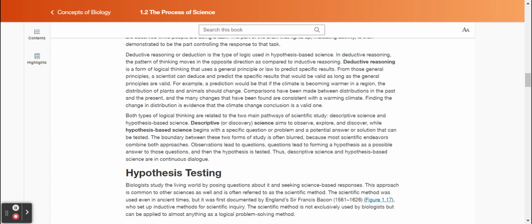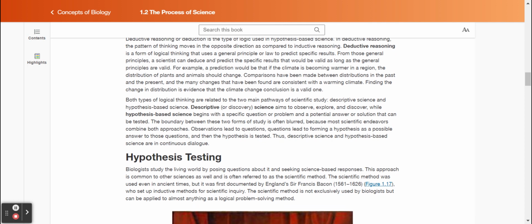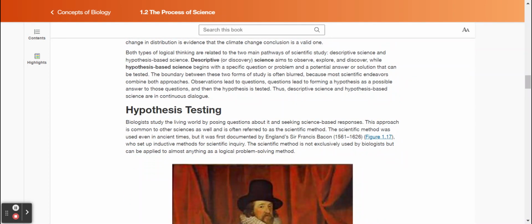Both types of logical thinking are related to the two main pathways of scientific study: descriptive science and hypothesis-based science. Descriptive, or discovery science, aims to observe, explore, and discover, while hypothesis-based science begins with a specific question or problem and a potential answer or solution that can be tested.